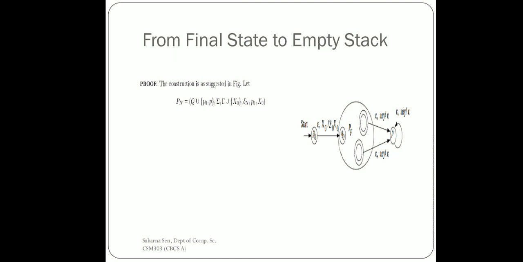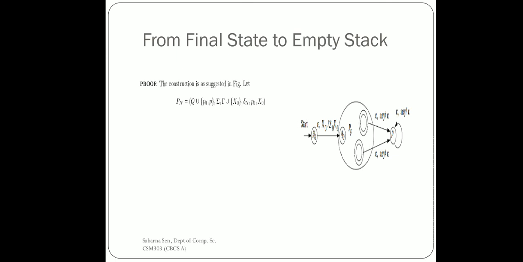Then sigma is the same, the set of all input symbols. Tau is there, and we have added, if you follow the previous one, X0 also. X0 does not belong to tau, which means it is not a defined stack symbol.